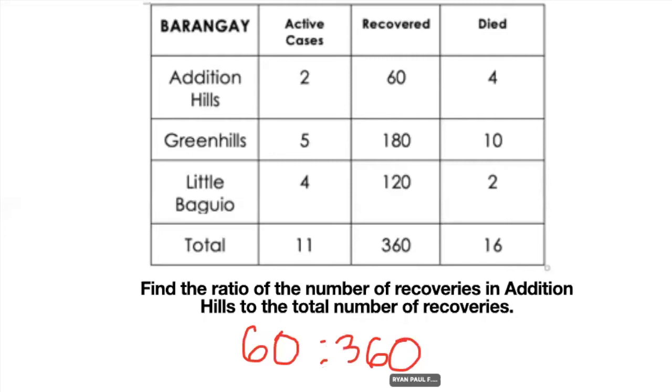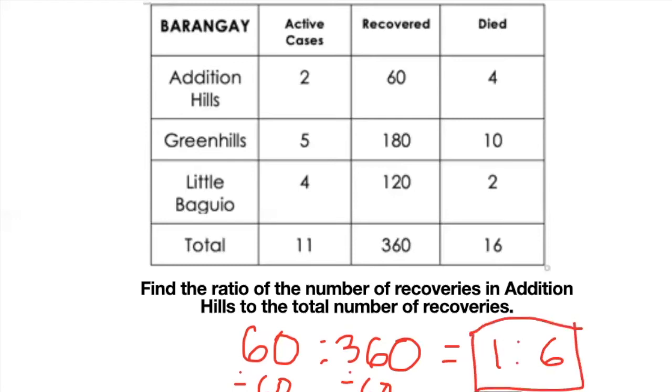But again, this can be changed into its simplest form. By dividing both of them by their greatest common factor, which is 60, the simplest form of 60 is to 360 is 1 is to 6. So our answer is 1 is to 6.